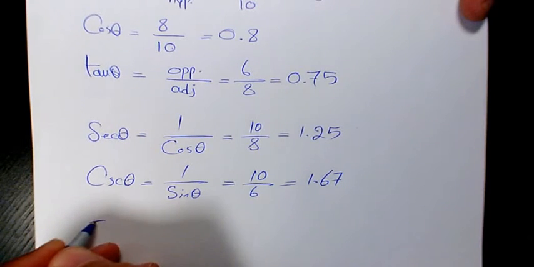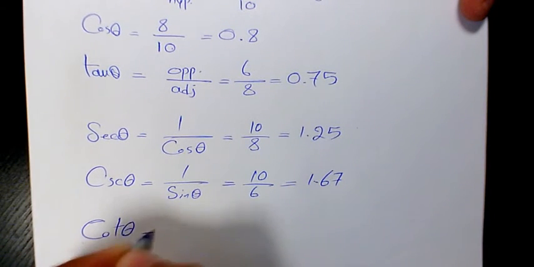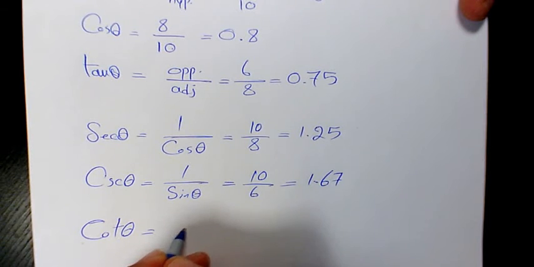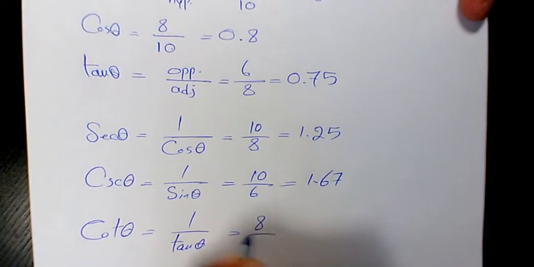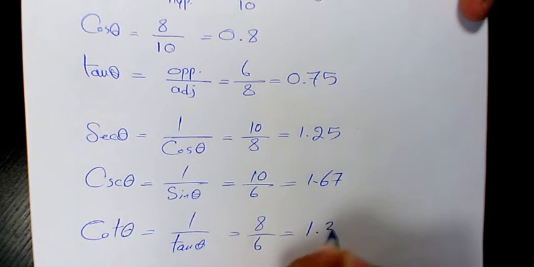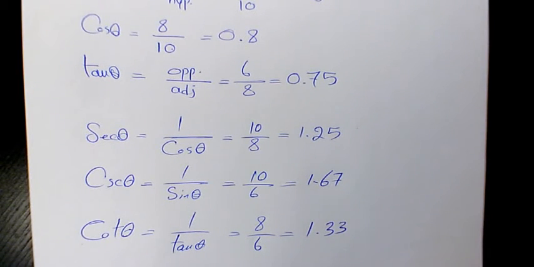And we have cotan theta, which is going to be inverse of tangent. That's going to be 8 over 6, which is going to be 1.33. That's how we find out sine, cosine, tan, secant, cosecant, and cotan. Let's see another example.